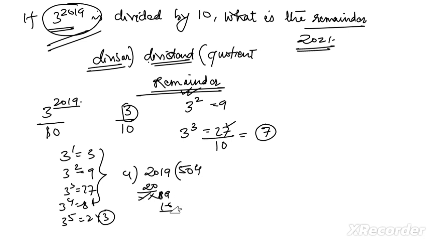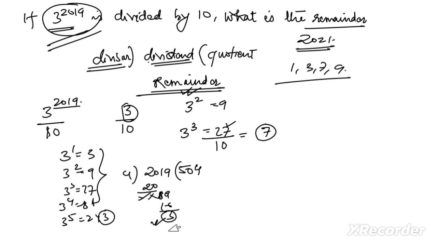So 3 will be your remainder. I have done something right. Okay, there is a twist here. Yes, we have got 3, and 3 is not the remainder. Yes, the options are 1, 3, 7 and 9.